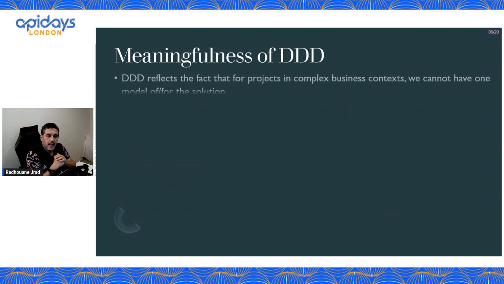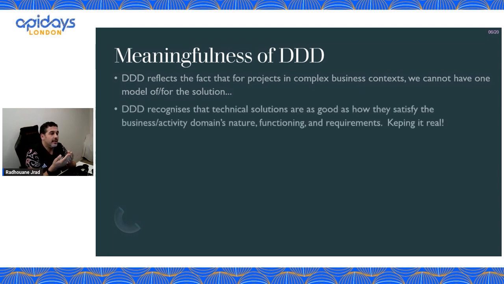Now, as I said, DDD reflects the fact that projects in complex business contexts cannot be modeled in a simple way. You can say, yeah, there is a single service that does everything. Well, in reality, you can, but you are creating a monolith that will soon become problematic. So DDD tells you you have to reflect how the business is structured and organized, okay?